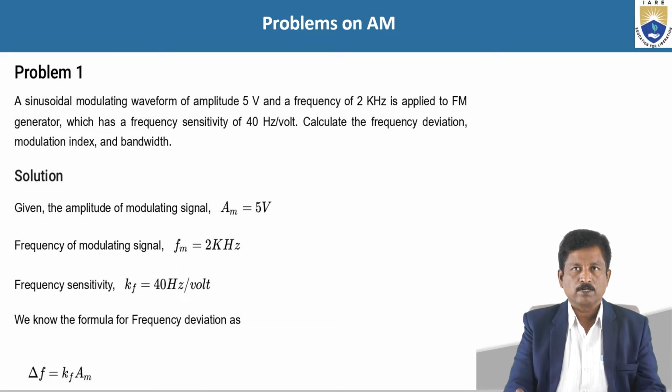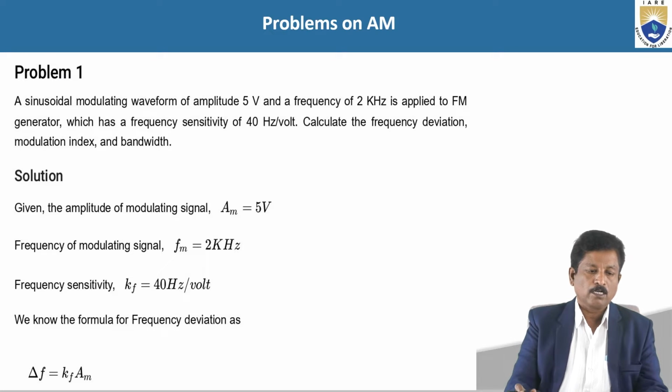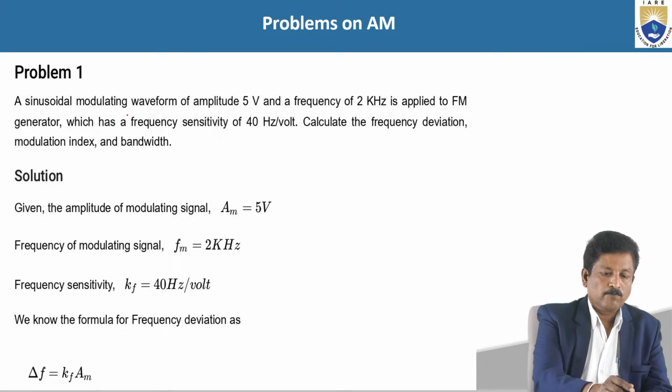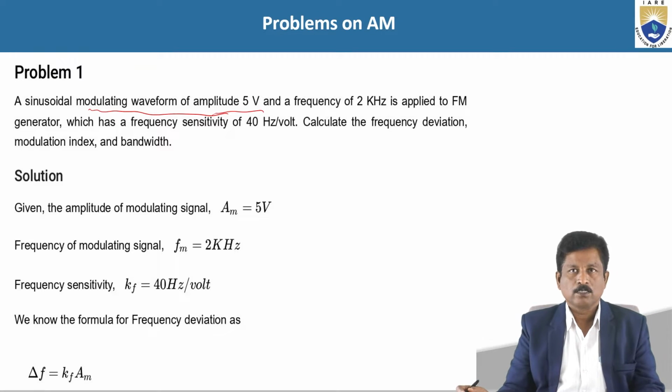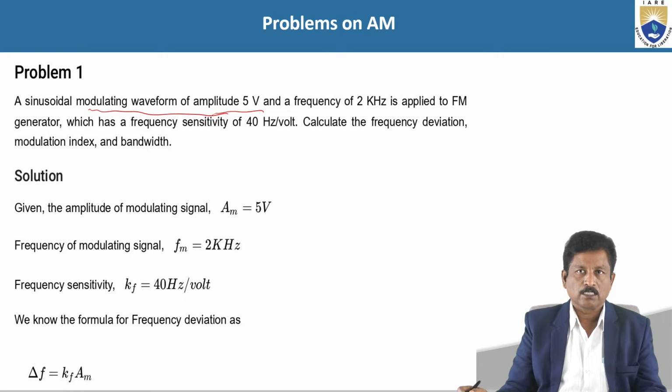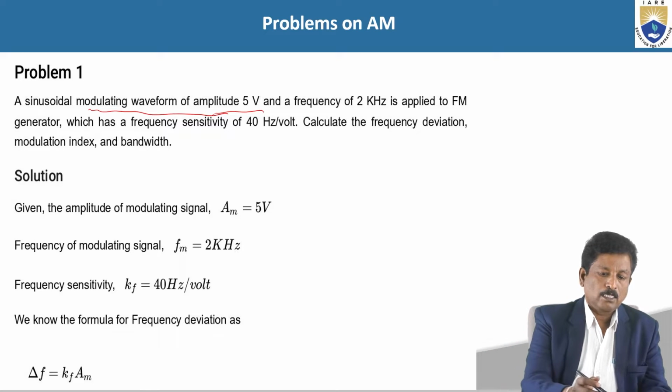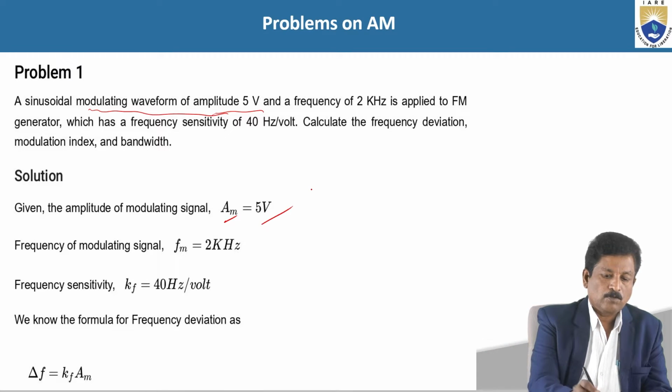So from this given problem, you first have to take the data given. The first one is the amplitude of the modulating signal, the sinusoidal modulating wave, which has a voltage of 5 volts. So the amplitude of the modulating signal voltage, indicated by Am, is equal to 5 volts.